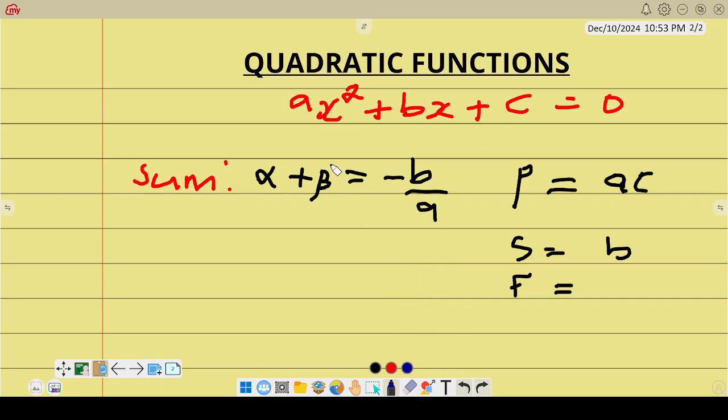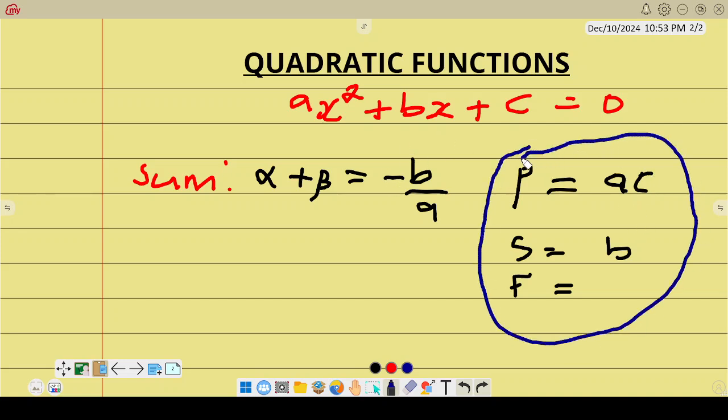So I've formed something for you. Remember from factorizing, product is a times c. For the sum, we get this b. So you just remember that it will be b over a. Please, you can't afford to forget this.